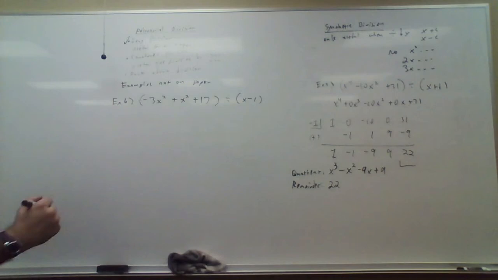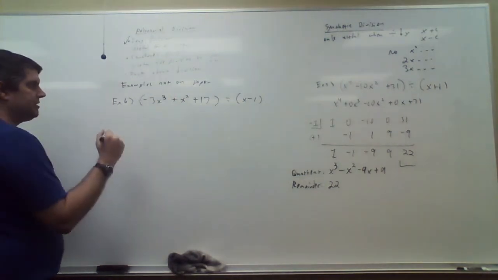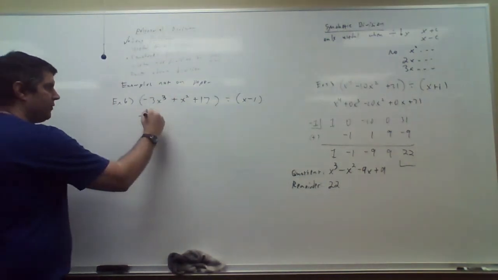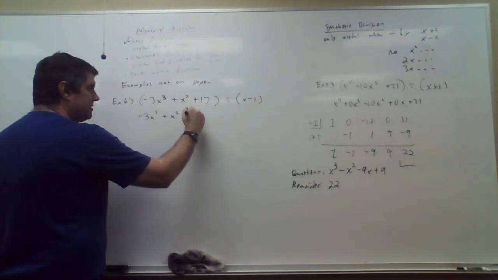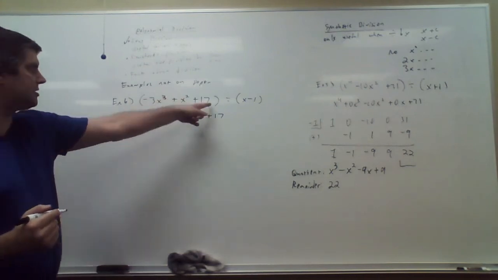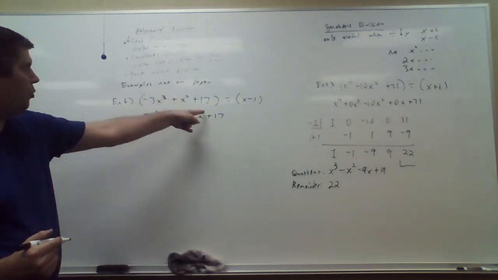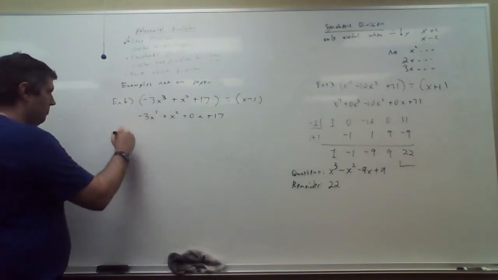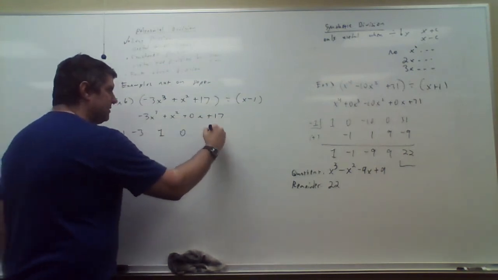Okay? So this should be x cubed, pardon me. Which needs to be treated as negative 3x cubed plus x squared plus 0x plus 17, because we went from 3, 2 to x to 0. We've got to account for every power of x. 3, 2, 1, nothing. So, box, negative 3, 1, 0, and 17.